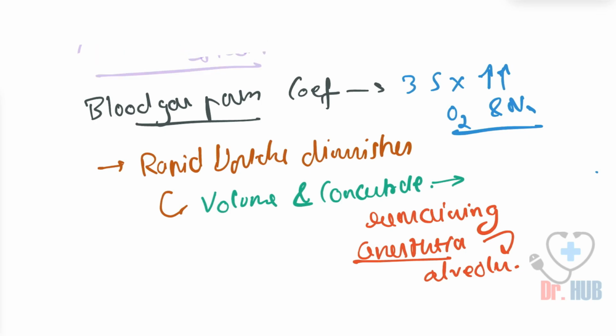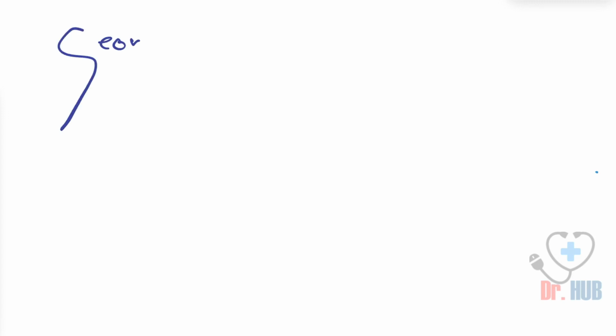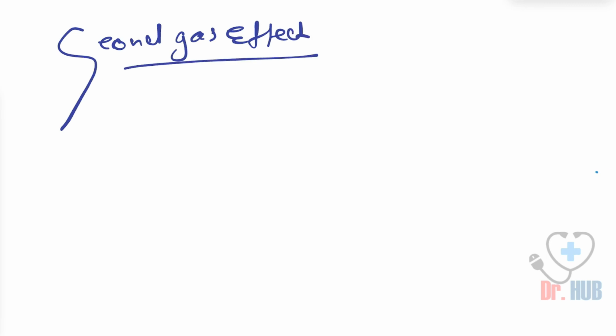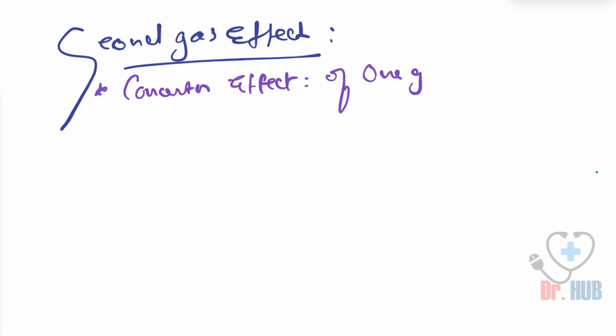Moving ahead, next we look at the second gas effect. What is meant by the second gas effect? It means that there is a concentration effect of one gas over another, and this is known as the second gas effect.